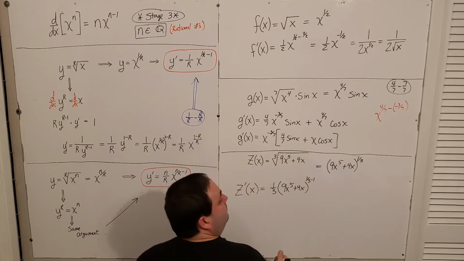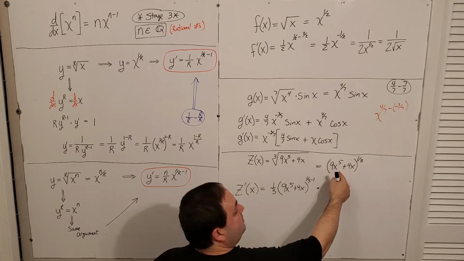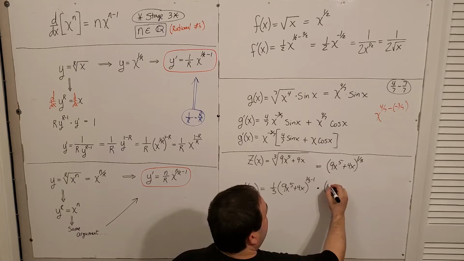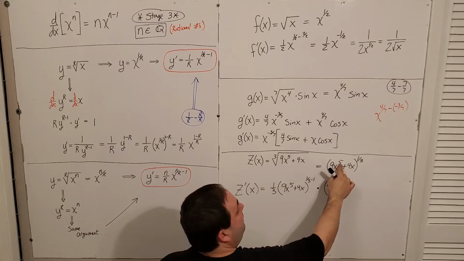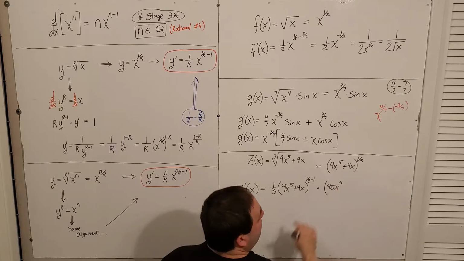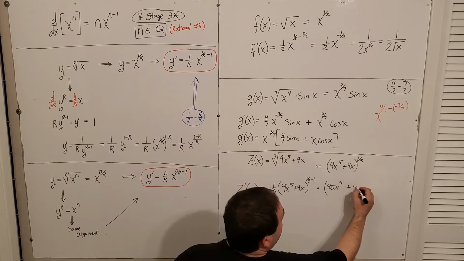Times, now do the inside derivative. That's going to be 45x to the 4th, because I'm dropping the 5 times 9. 5 minus 1 is 4. Plus, derivative of 4x is 4.